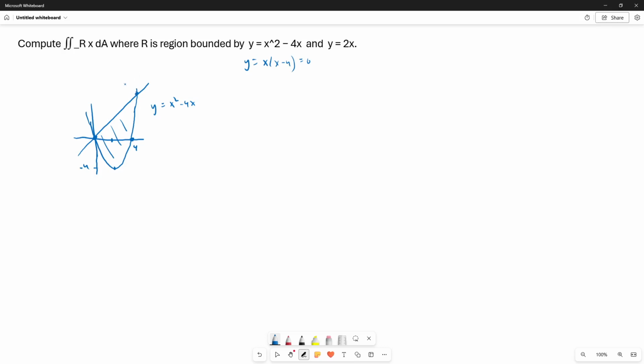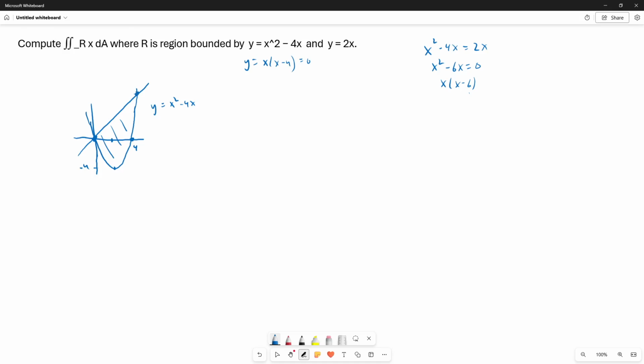This point is the point where they intersect. We have to figure that out. So that's where the y coordinates are equal. So x squared minus 4x is equal to 2x, which means x squared minus 6x is equal to 0. And then we can see that x is 0, we already knew that one, and 6.